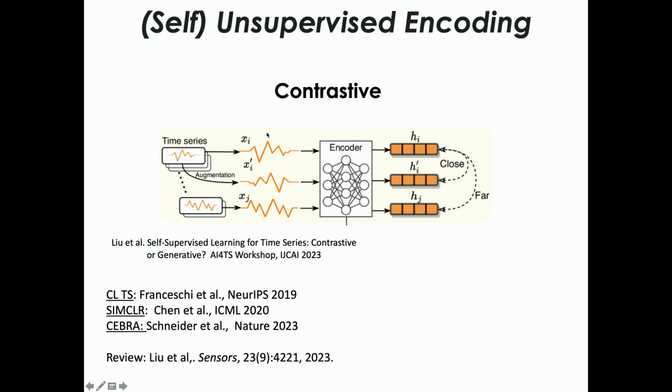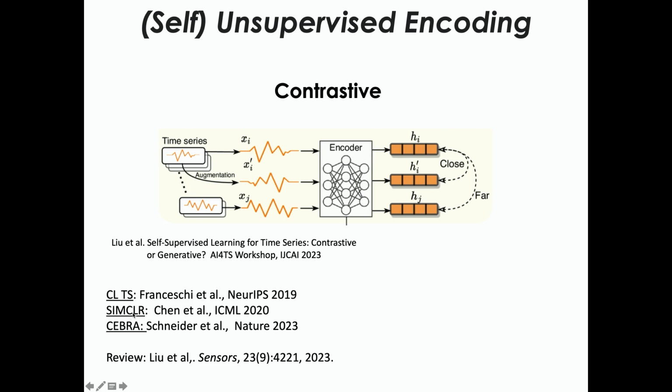In terms of augmentation, this could be done by perturbing the signal and then considering the same signal at the same time as a positive example, and the signal at distant times as negative examples. And this is what this method CLTS is based on.